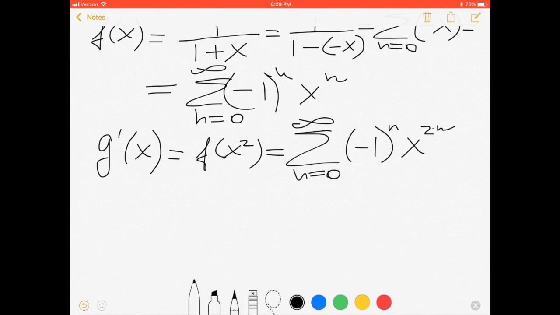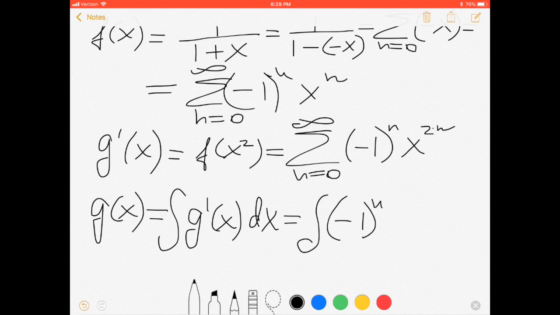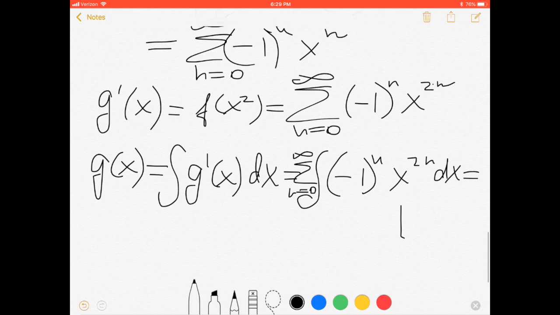Great. And what will be g of x? It will be the integral of g prime of x dx, or the integral of the sum from 0 to infinity of negative 1 to the power n, x to the power 2n dx. Oops, I forgot sigma.